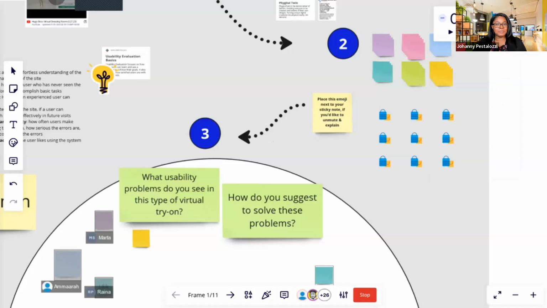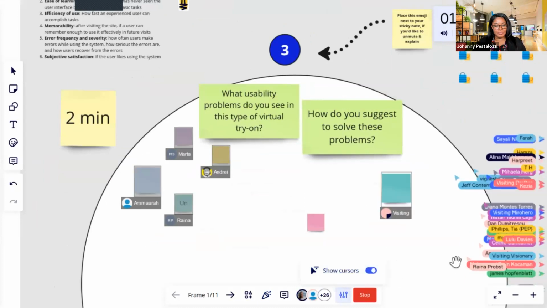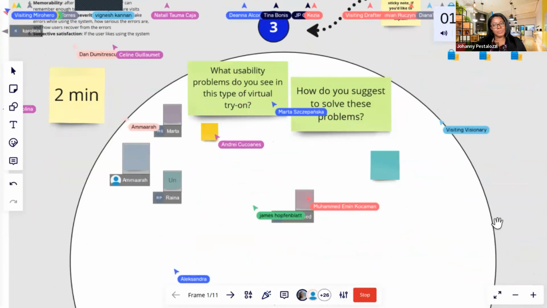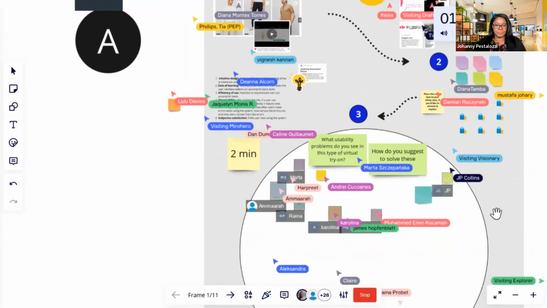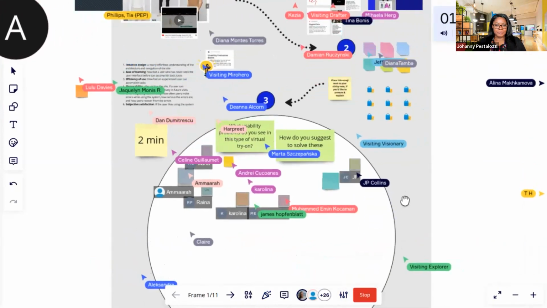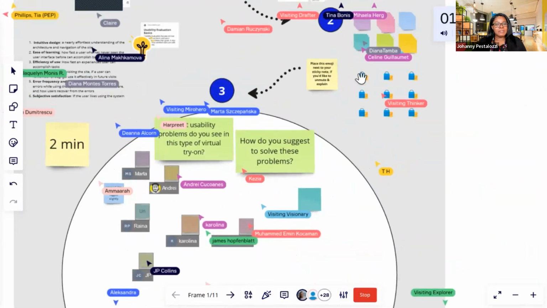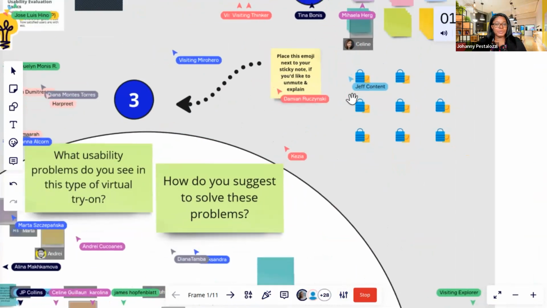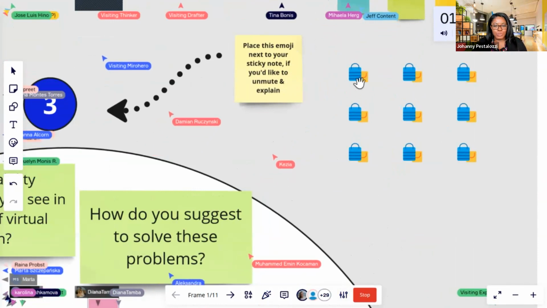Okay, let's go for it. Remember to place an emoji next to your sticky note if you would like to describe your answers later on. Shopping cart emoji kind of.